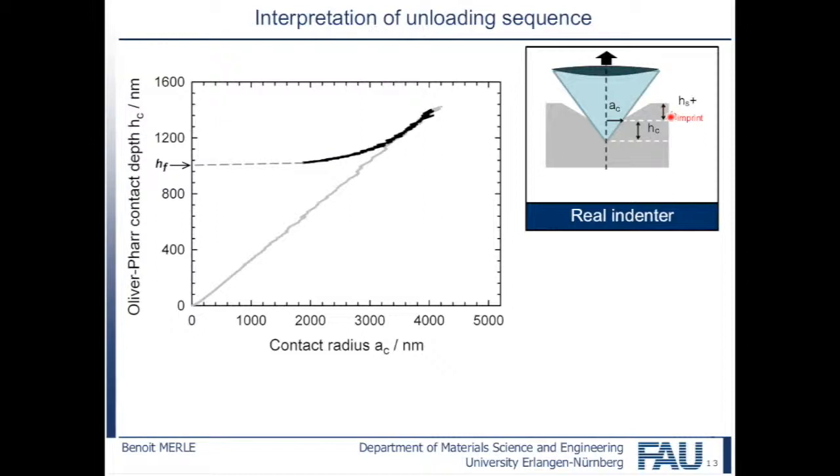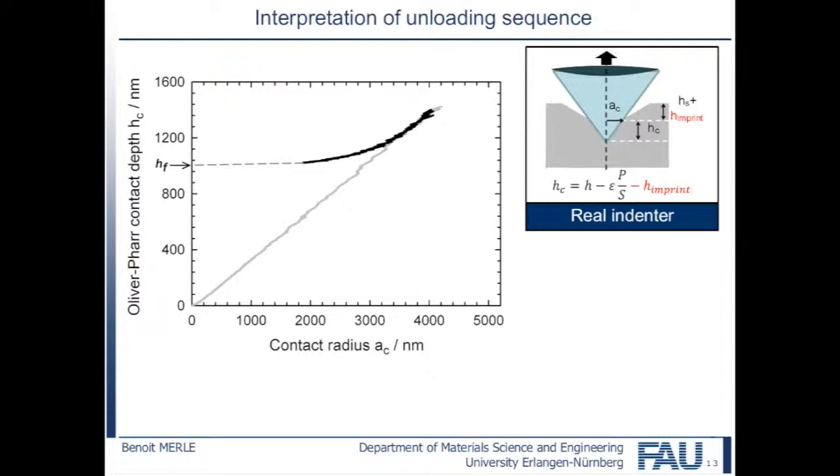It is the elastic sinking plus a plastic component. And if we want to describe the contact in the middle of the unloading, we have to modify the equation that we used previously, the so-called Oliver-Pharr equation. We have to introduce this new unknown parameter, H imprint.